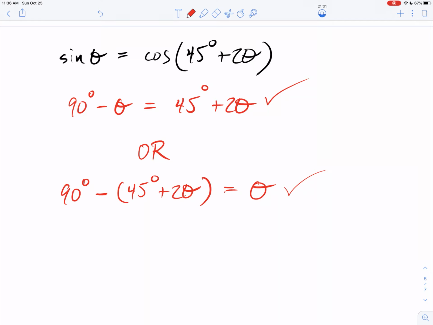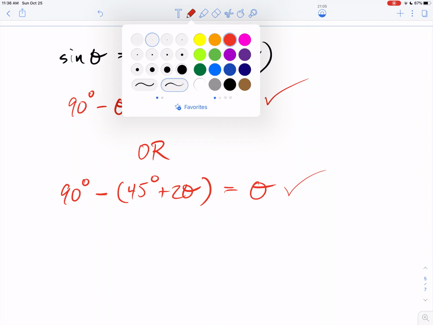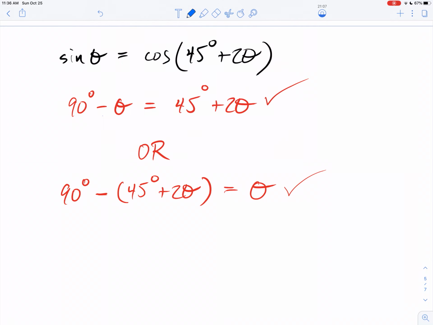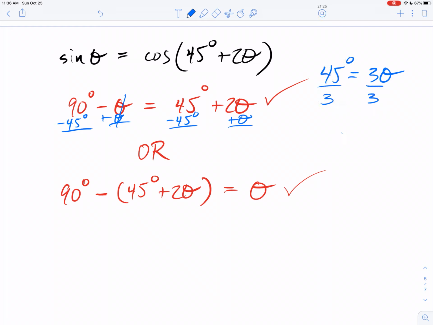If I solve this one, I'll get the same answer as I would if I solved this one. And that answer, I think, is 15 degrees. Let me just verify. I'm going to solve the top one because it was the first one I wrote. So I'm going to say plus theta, plus theta. What do I get? I get 3 thetas. I'm going to take away 45, take away 45. What do I get on the other side? 45 degrees. I'm going to divide by 3. I get theta equals 15 degrees.